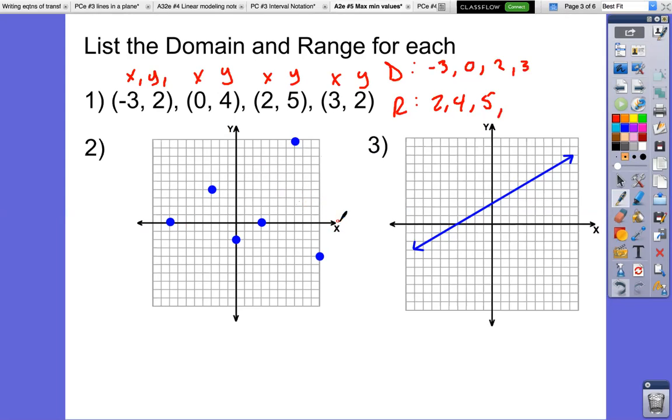I could go through and I could write all of the ordered pairs. For instance, this ordered pair is -8, 0, but that takes way too much time for me to go through and list those ordered pairs. So instead, I want you guys to think of it like this.